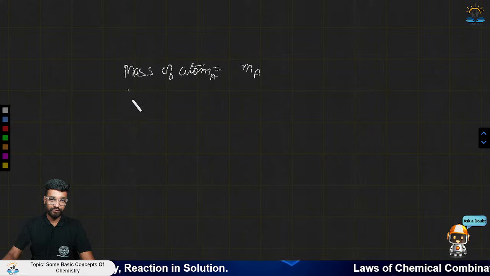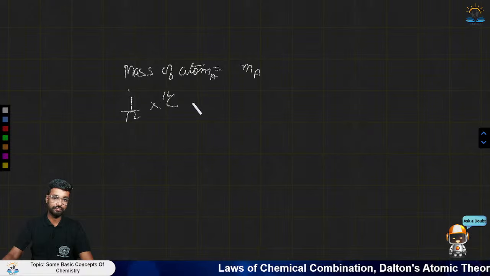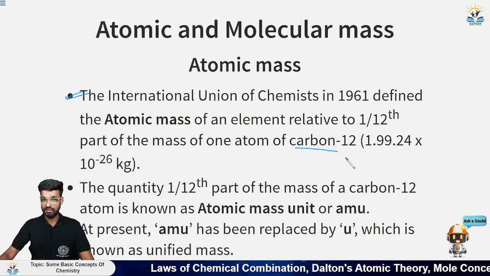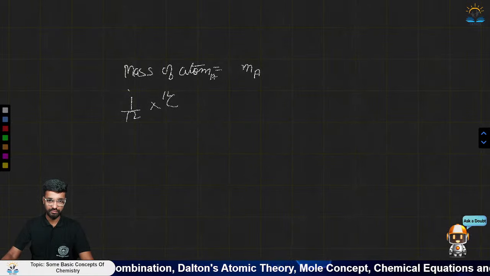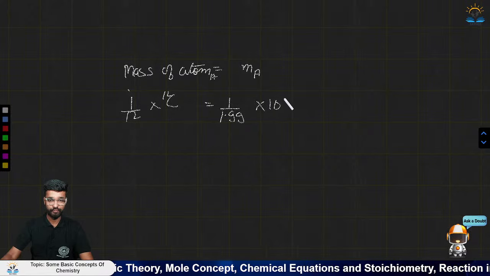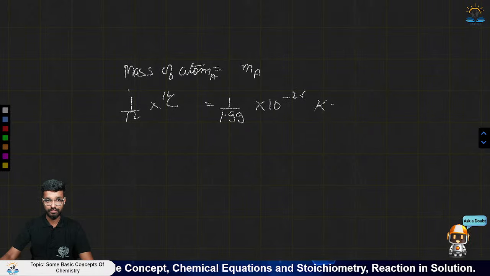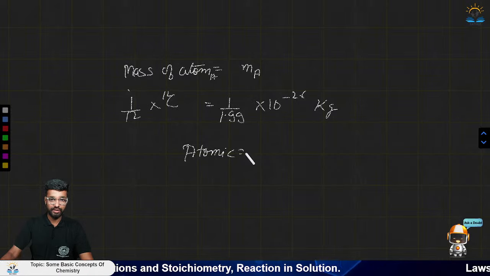And then what is the second thing? 1/12 of the mass of a carbon-12 atom. Its mass is 1.9 into 10 to the power minus 26 kg. So the atomic mass will be relative to this.